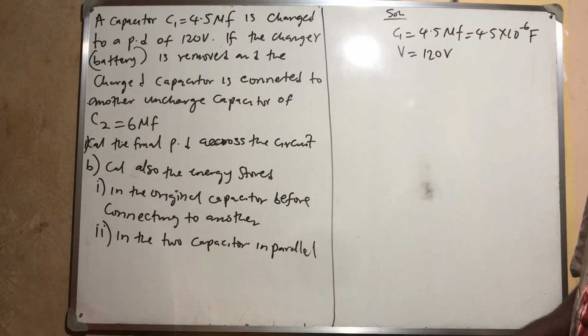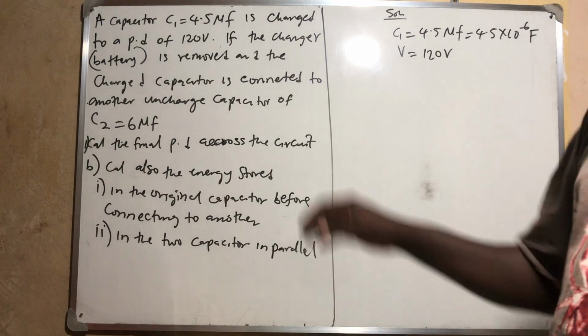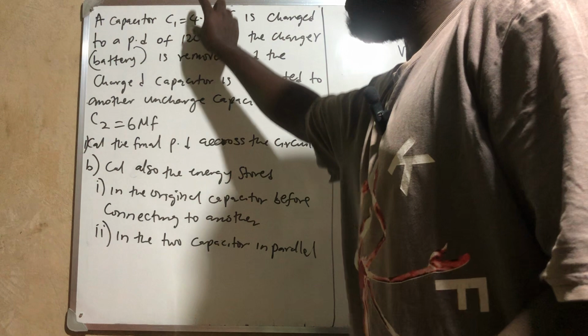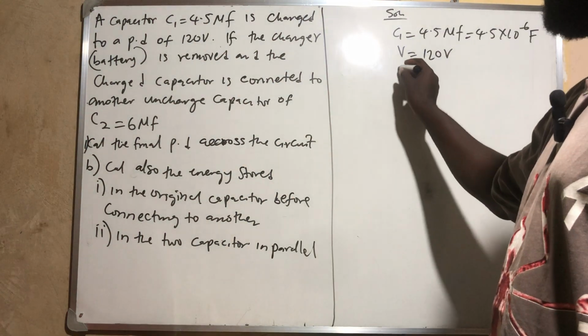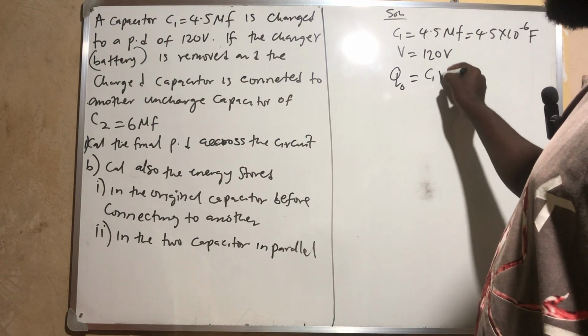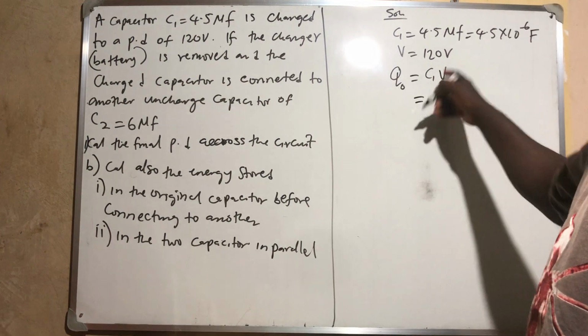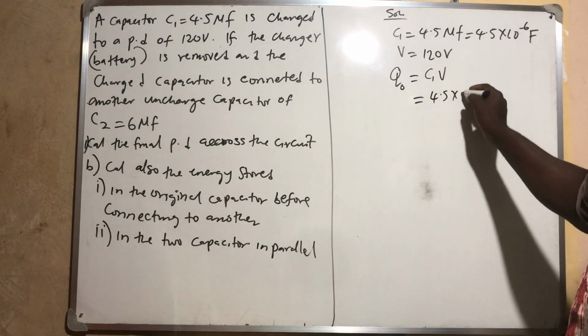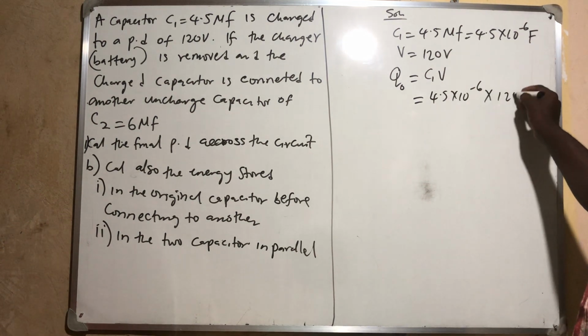First of all, let us calculate the charge here, because this one is charged, the other one is not charged. The charge here, let me call it Q naught, is equal to C1V, because this one is charged. So I have 4.5 times 10 raised to power minus 6, times 120.